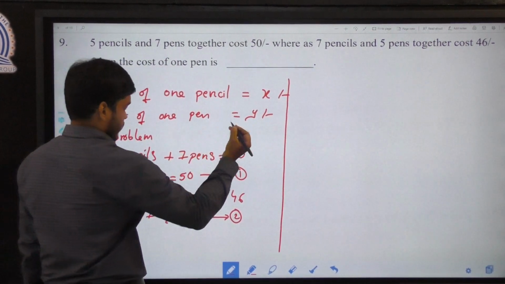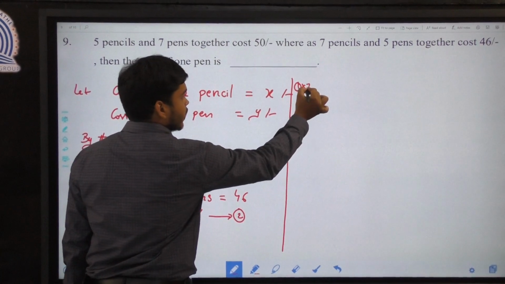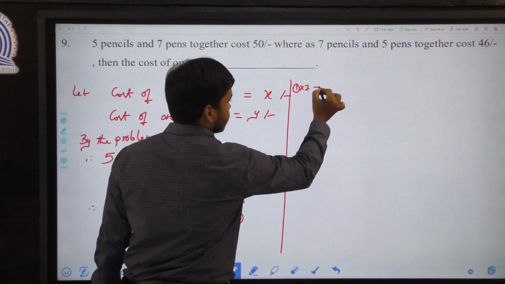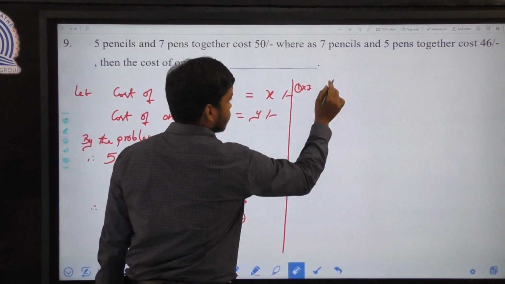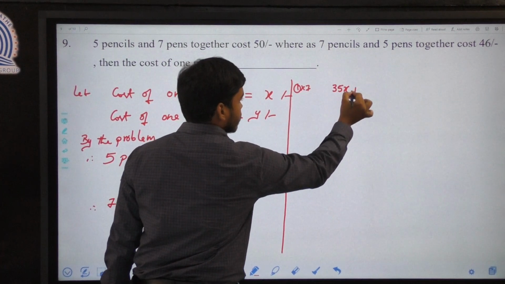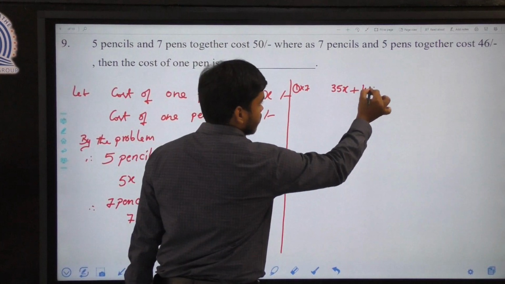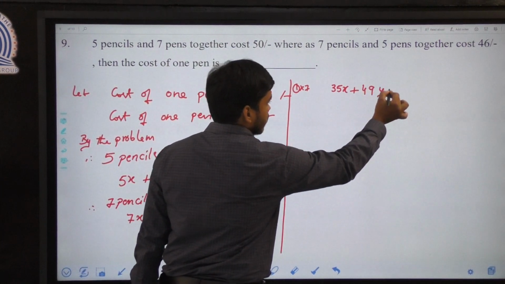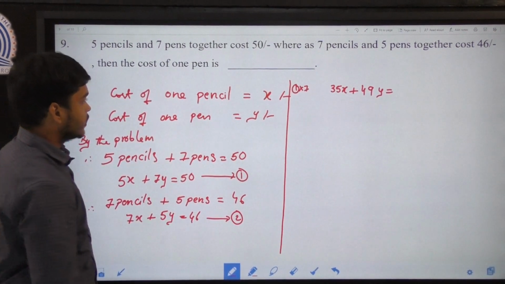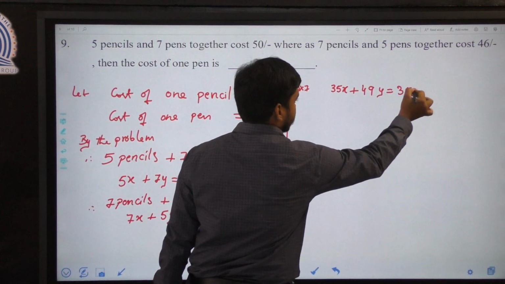See here. Equation 1 into 7: 7 5s are 35, so 35x plus 7 7s are 49y, is equal to 7 50s, which is 350.